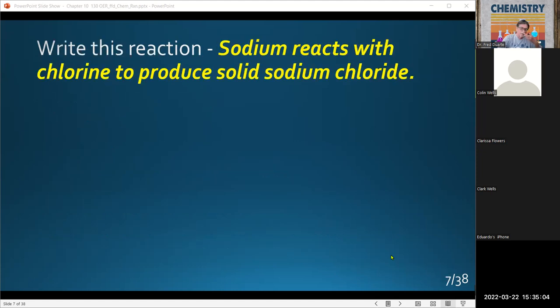All right, let's take this reaction. Sodium reacts with chlorine to produce solid sodium chloride. We have sodium, and all they said was just sodium, so we're talking about the element sodium, which is a solid.